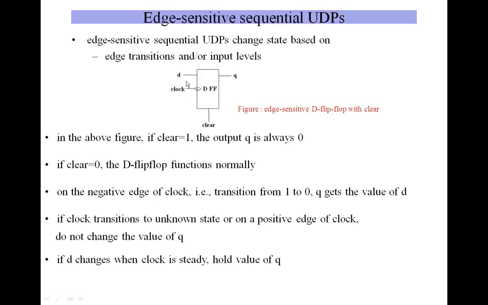So no transition is taking place, steady clock. Then whatever changes take place on D will not have any effect on output. So it means Q holds the previous value. So this is how this circuit, the D flip-flop, is working. So we have to describe this functionality, this behavior, in Verilog.